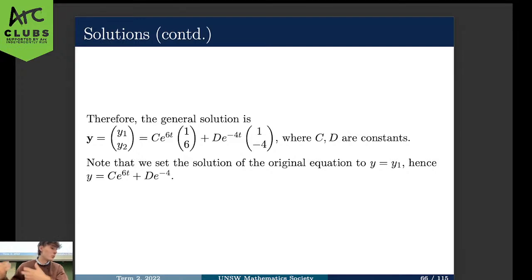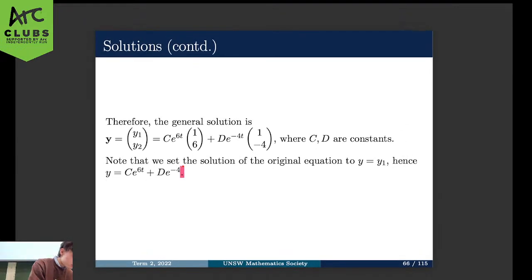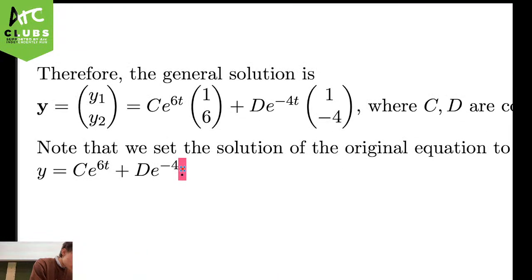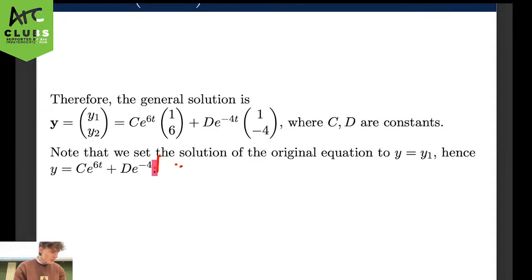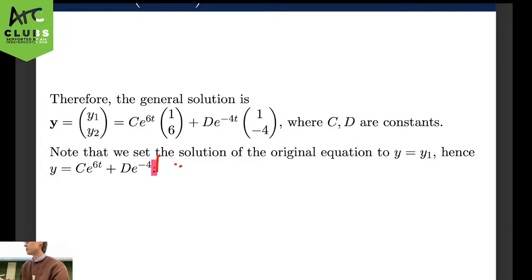Now, to actually find what y is equal to, we just look at the first row of this, because remember we said that the vector y was (y1, y2). The first row should just be c e to the 6t plus d e to the -4t. This should be t here. Anyway, now that's our general solution for y, and that's how we solve second-order differential equations using eigenvectors and eigenvalues.